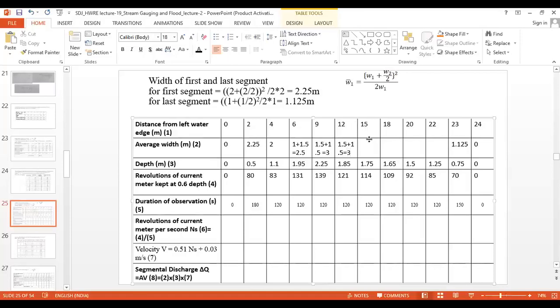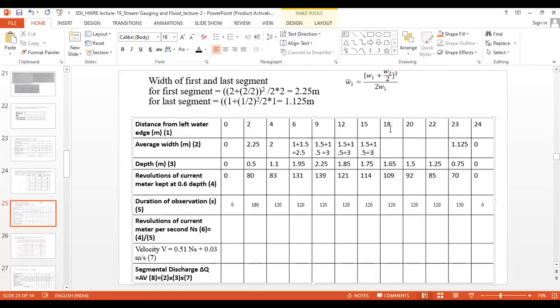Clear. Then for this 15, to the right side of 15 there is 12, so half of 3 is 1.5, plus to the right of 15 there is 18, that is again 3, half of that is 1.5, that is equal to once again 3 meters.